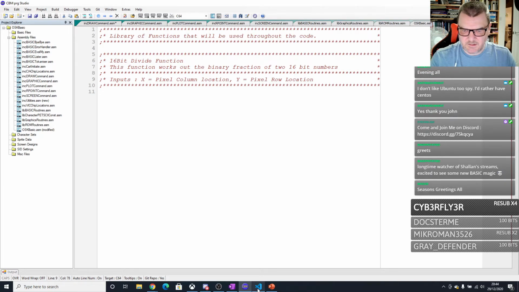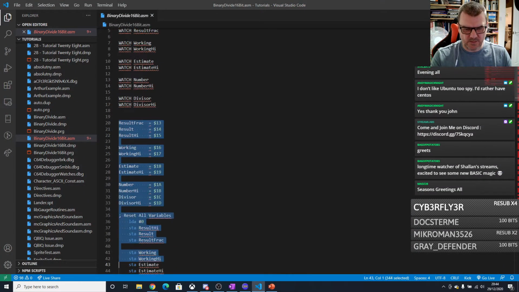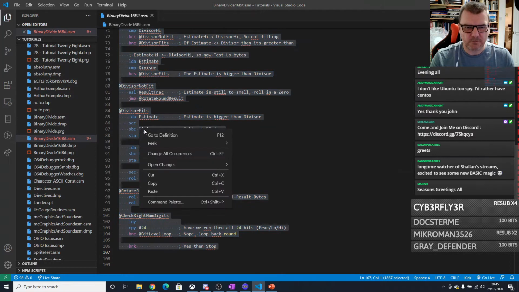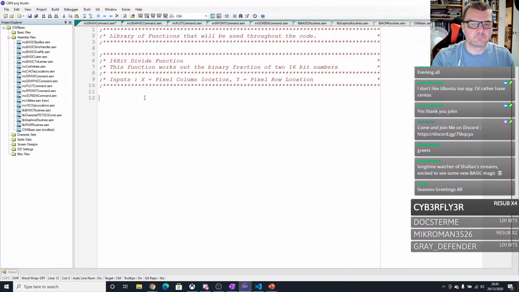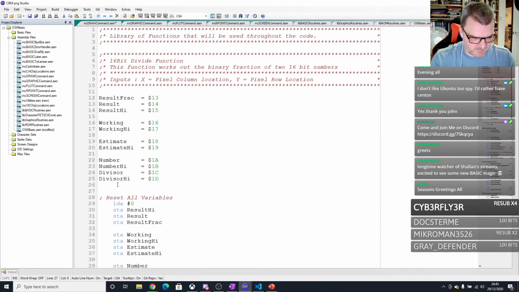Right then, let's copy this baby. Right, we'll ignore the watches, we'll copy that lot, and then we'll figure out which zero pages we're going to be using. So we will call this divide 16-bit. That'll do.